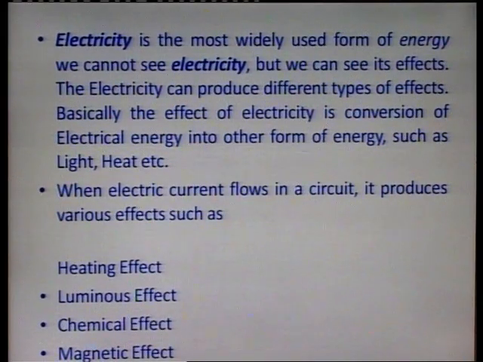Now, when electric current flows in a circuit, it produces a number of effects. These are heating effect, luminous effect, light effect or photoelectric effect, then chemical effect and magnetic effect.